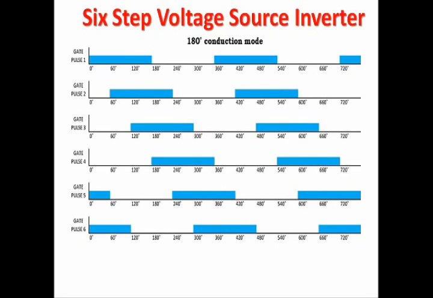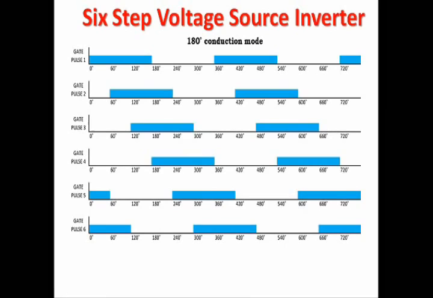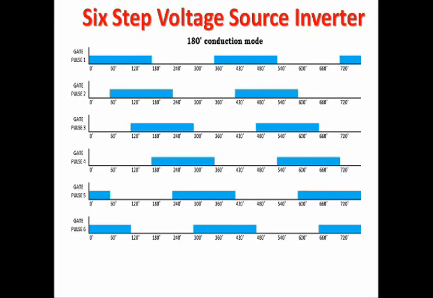In this mode, the MOSFET is going to conduct for 180 electrical degrees. For another 180 degrees the MOSFET will not conduct. There is a reason to say the MOSFET is conducting, and another reason to say it is not conducting.